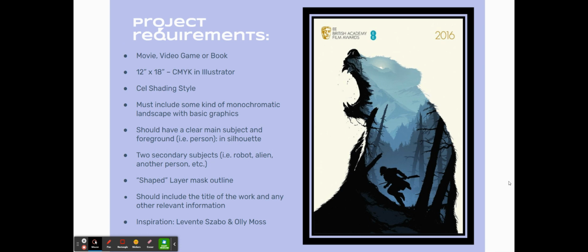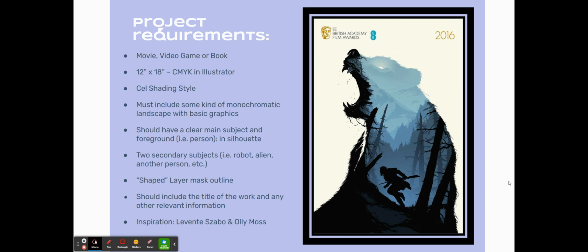You do need two secondary subjects. So like characters from the movie or the book, animals, aliens, robots, other significant things. Like if you're doing maybe Aladdin, the genie's lamp would be a significant type object, some kind of other secondary subject that you can include. You do need a layer mask like what we just made, and you should have the title of the work somewhere.